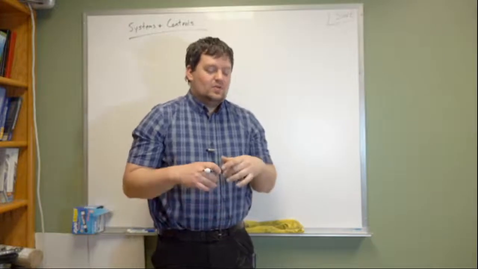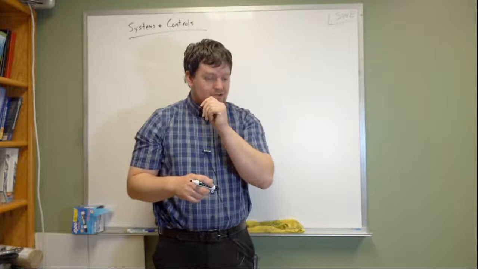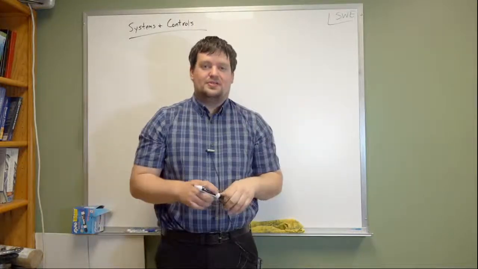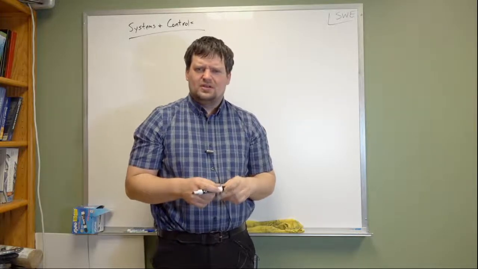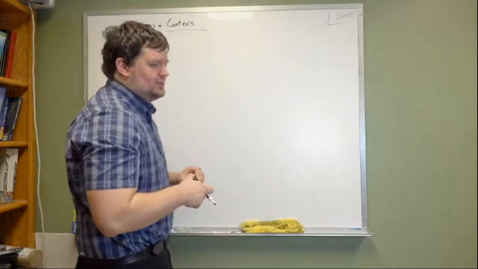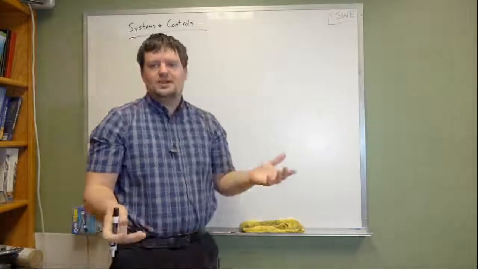Now, in the last lecture that I recorded, I went over an example about a forklift system lifting something up off the ground. As a result of that, we produced an open loop feedback system.